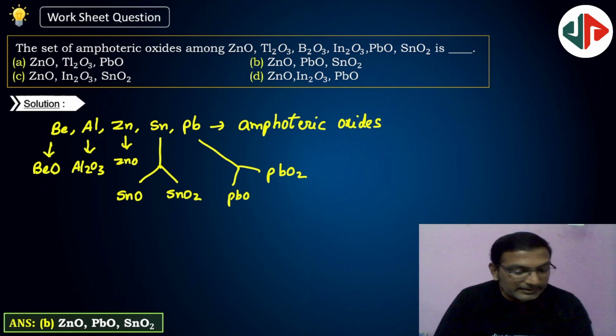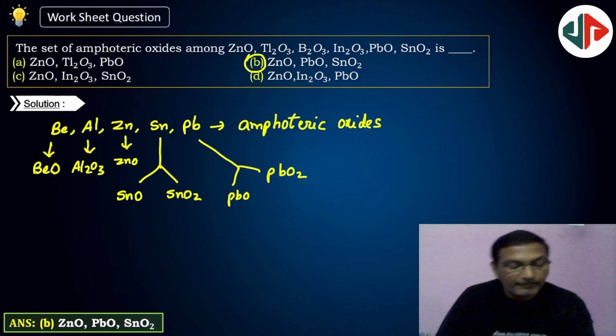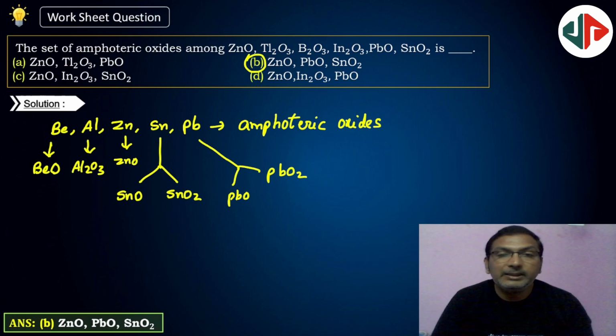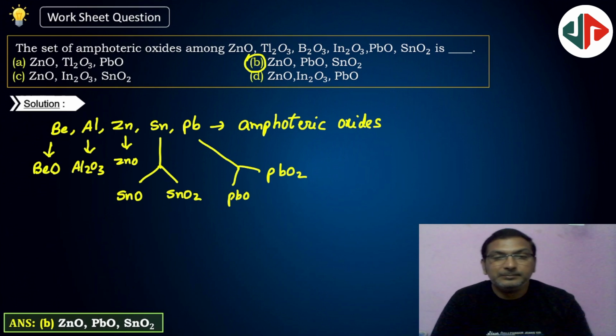ZnO, PbO, SnO2 are present in option B. Therefore, all are amphoteric oxides: lead monoxide, lead dioxide, tin monoxide, tin dioxide. Next, Al2O3, alumina, and BeO, beryllium oxide. All these are amphoteric. Next one.